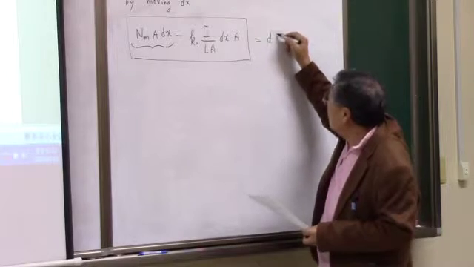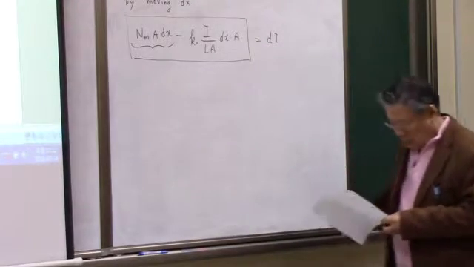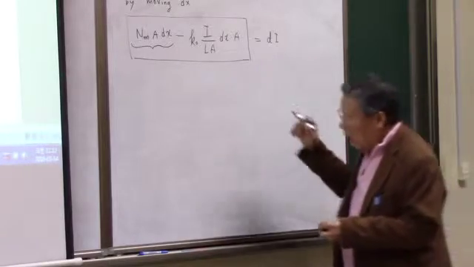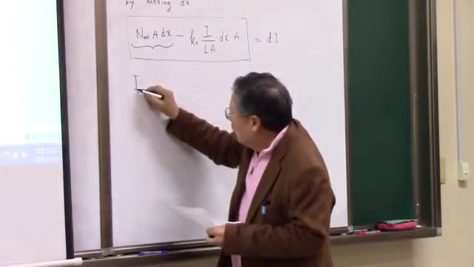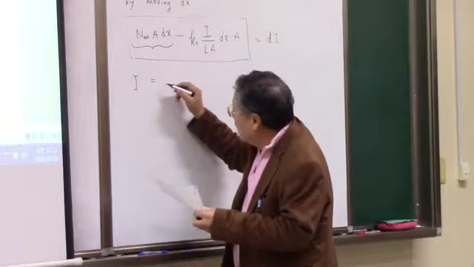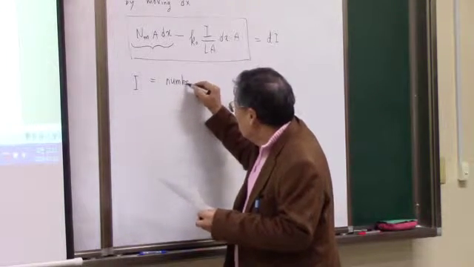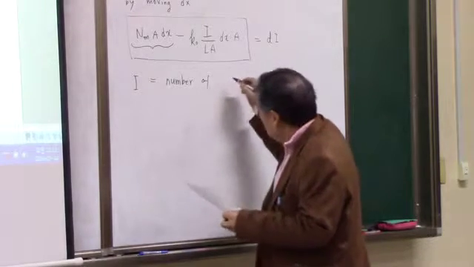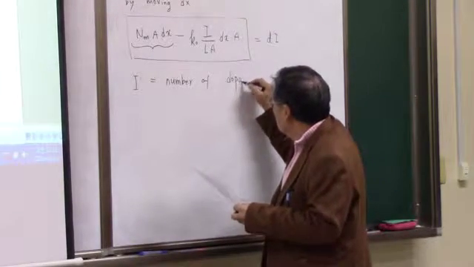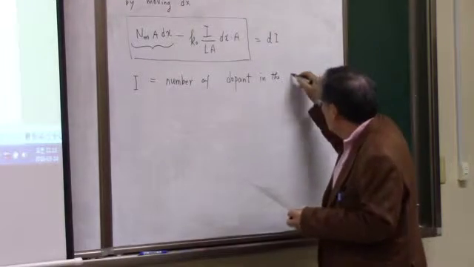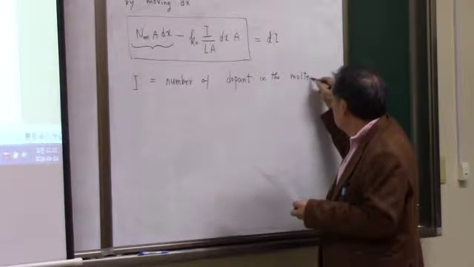So this is the change in the number of dopant atoms in the molten zone. You should remember that I is the number of dopant atoms in the molten zone.